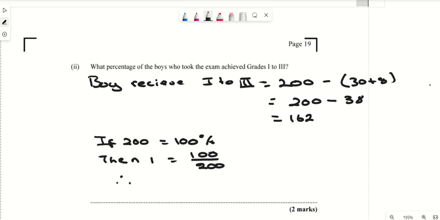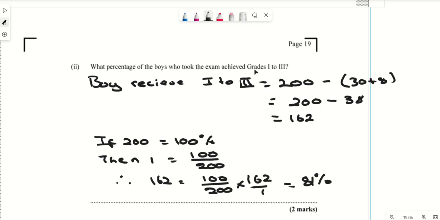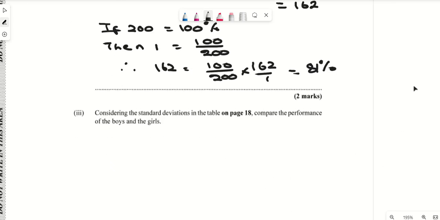And therefore, we want 162. 162 would be 100 over 200 multiplied by 162 over 1. When you divide this and you multiply it in your calculator, you're going to get 81%. So the percentage of boys that passed or who got grades 1 to 3 is 81%.